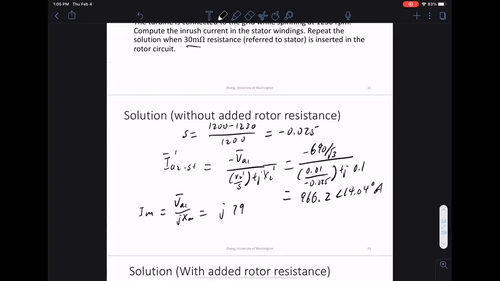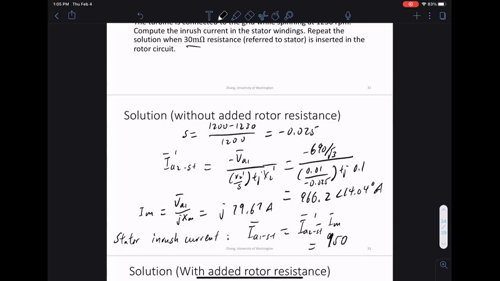This is J79.687 amps. So the stator inrush current, IA2 minus IM, is 950 angle 9.73 degrees amps. Okay.